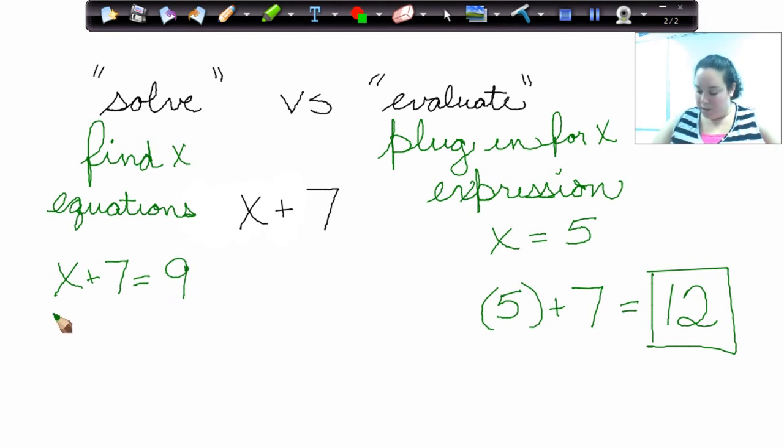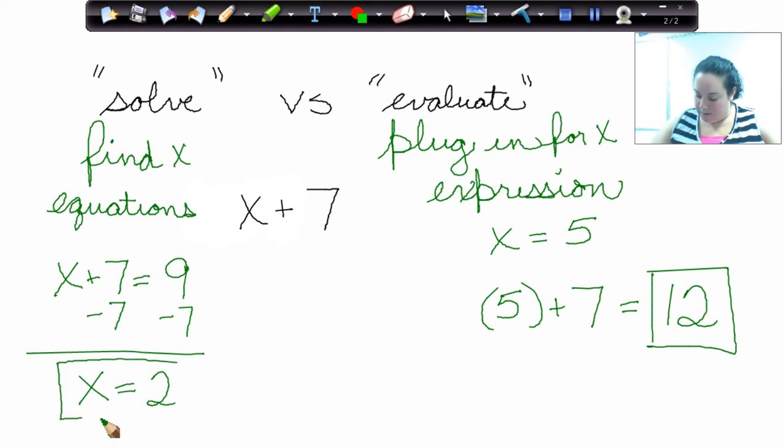You would either just think about it, x has to be 2, or you could solve it the algebraic way, subtract 7 from both sides, and then you'd get x has to be 2. Put a box around it. Notice that I'm putting a box around the x as well, because we're solving an equation, so your answer will be an equation with an equal sign.